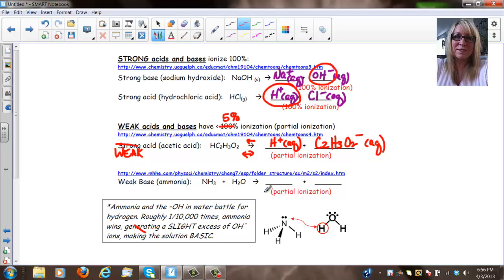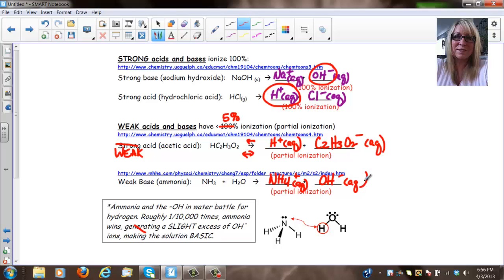And we have a weak base, ammonia, and in water that's going to form NH4 plus aqueous and OH minus aqueous. Remember, this is a good one from the other night.